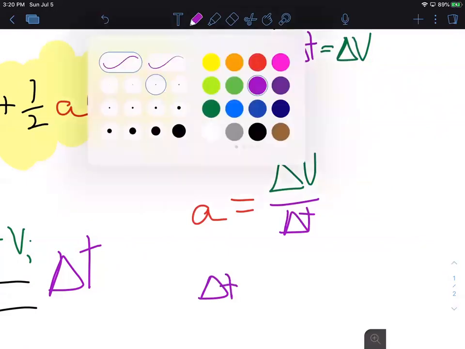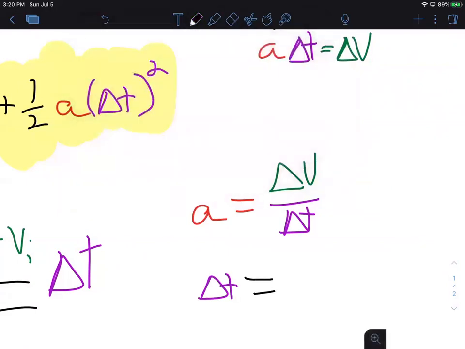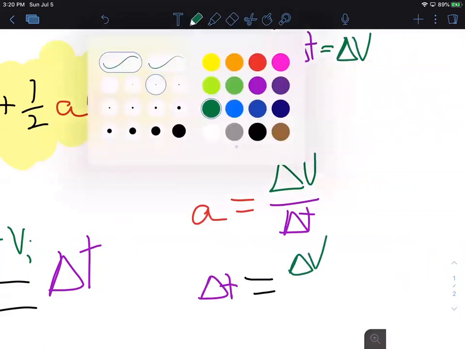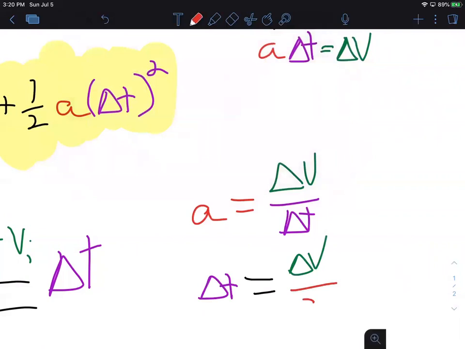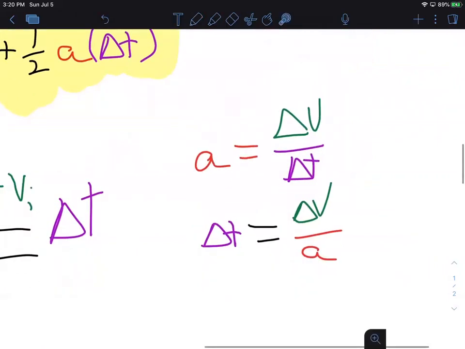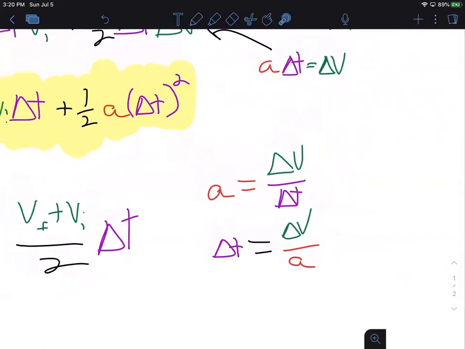And again, you could take some time, pause the video, maybe figure out the algebra for yourself. But here I'm just moving the delta V over here and the A on the bottom.